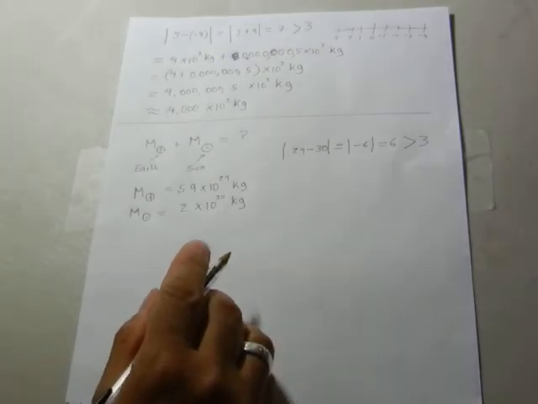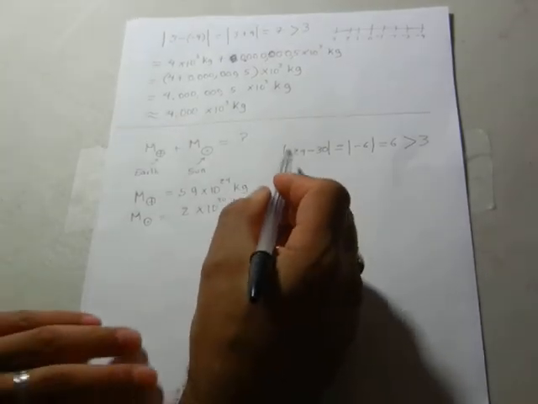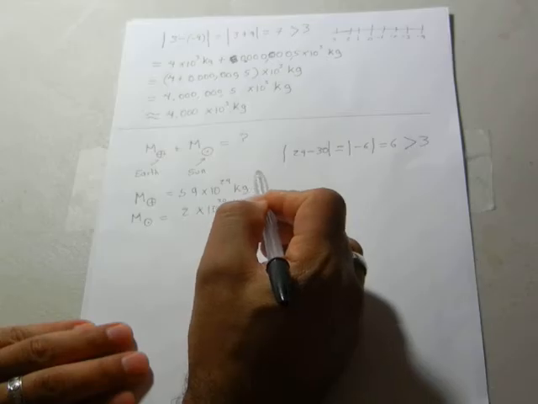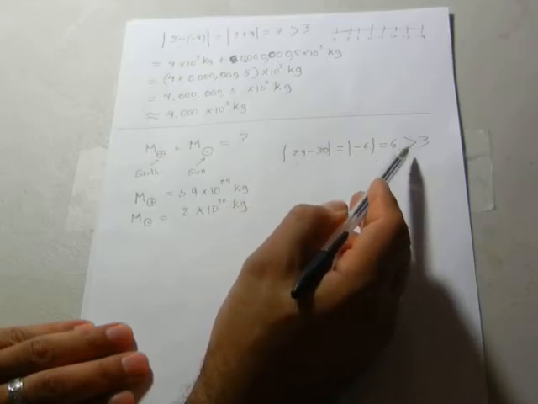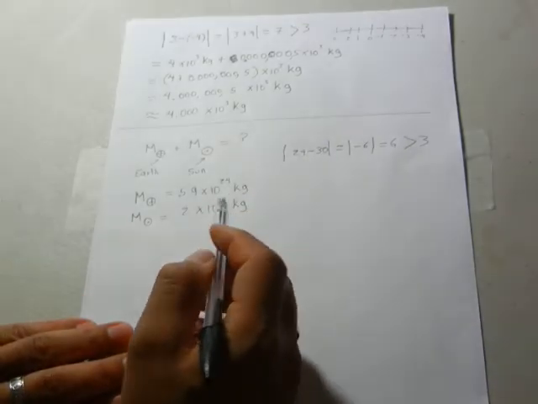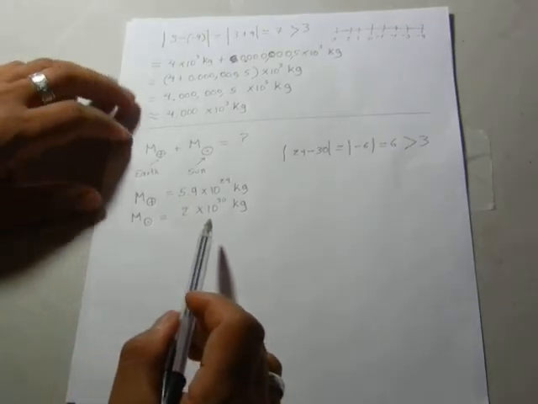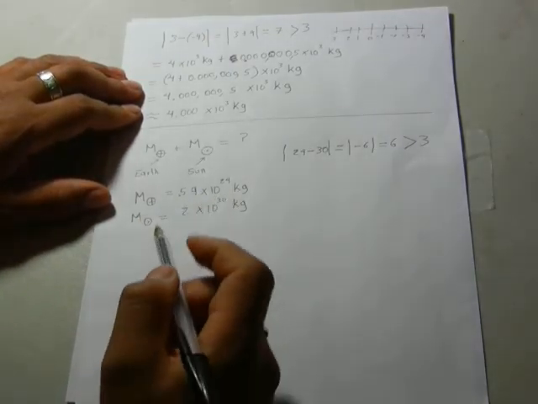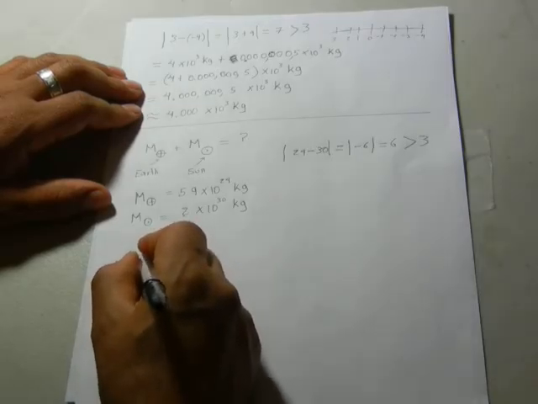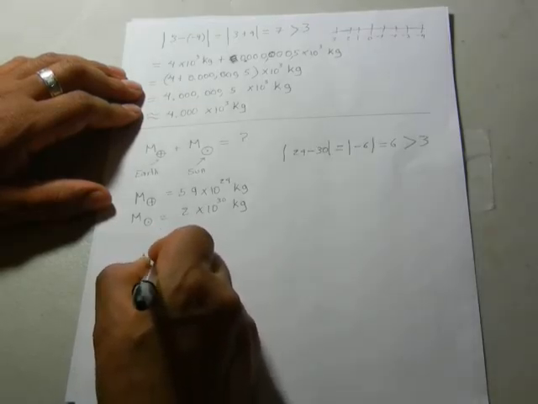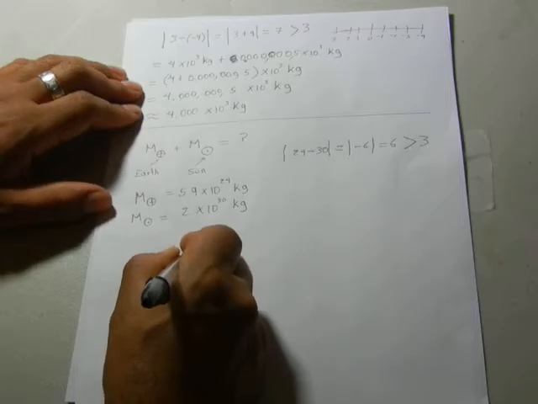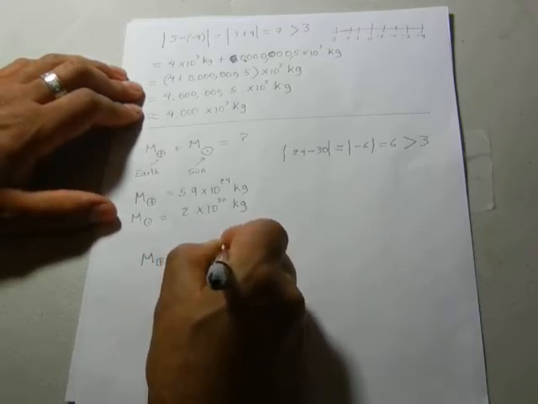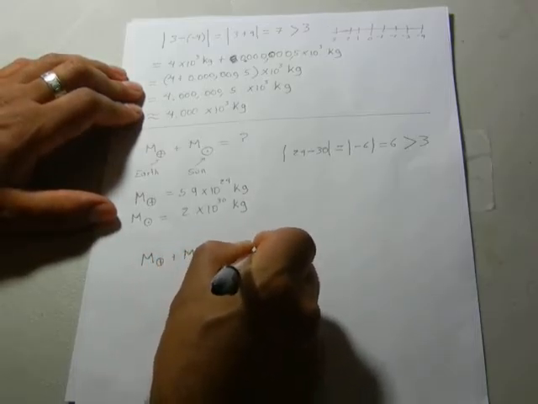According to rule 2.1, if the difference of the magnitude order is bigger than 3, keep the expression with the biggest magnitude order, in this case the mass of the Sun, and that will be the answer. So the mass of Earth plus the mass of the Sun is approximately the mass of the Sun.